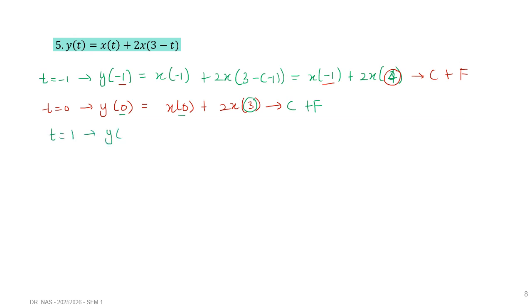So y(1) equal to x(1) plus 2x(3 minus 1). Here the current state is 1, and 3 minus 1 is 2. So you have a future value: current plus future. Again, let's check the overall system classification. You notice that there are future values in the equation, so automatically the system is non-causal.